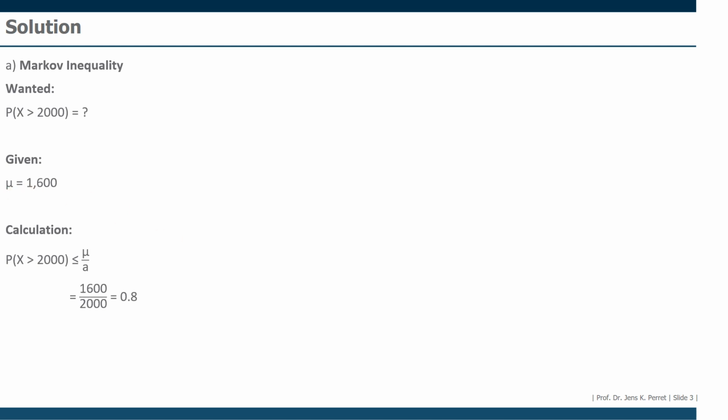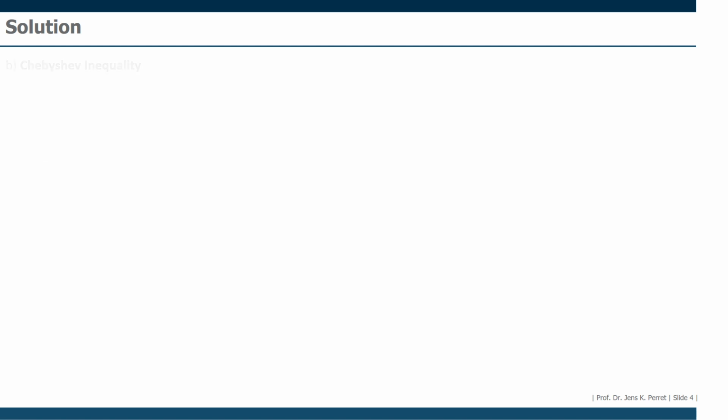For the next part, for part B, I have a little bit more information. That's why I can use the Chebyshev inequality. Here, what I want to know is more or less that I get households with 1,500 to 1,700 euros per month.